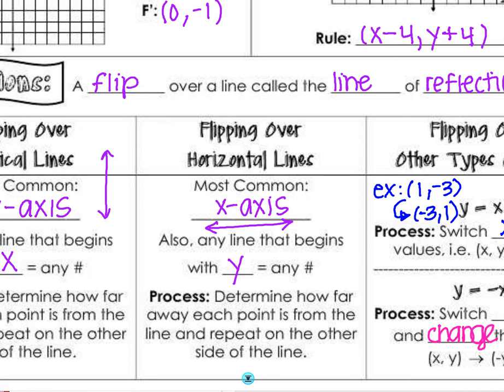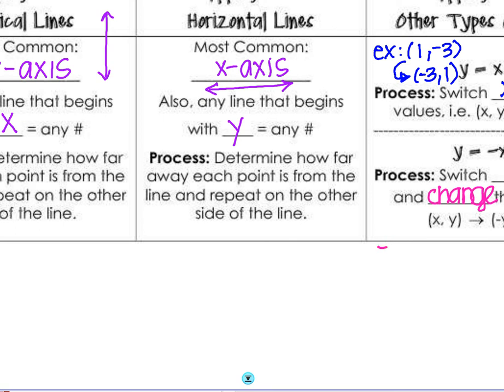For example, I would have (-4, 3), and that would change to (-3, 4). Wonderful. Okay? Alright, now let's move on.